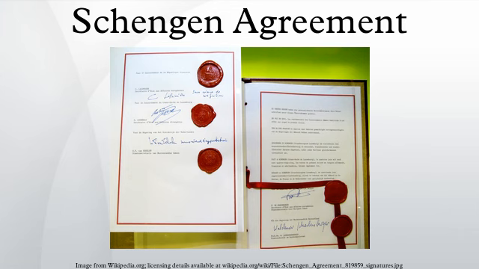It currently consists of 26 European countries covering a population of over 400 million people and an area of 4,312,099 square kilometres. Prior to 1999, the Schengen treaties and the rules adopted under them operated independently from the European Union.